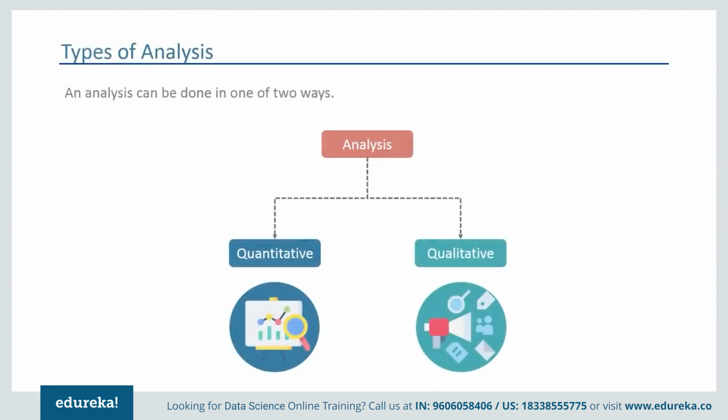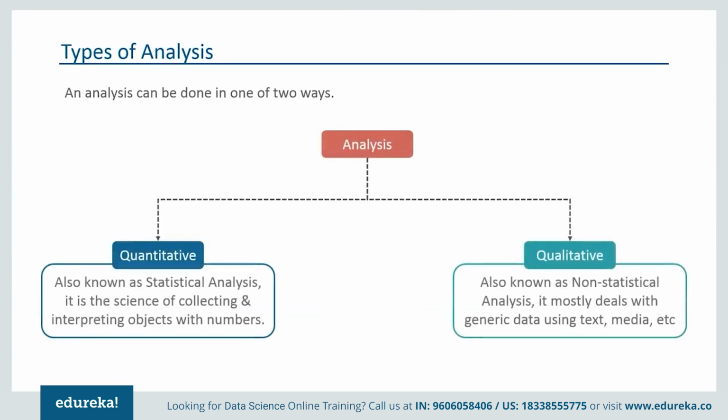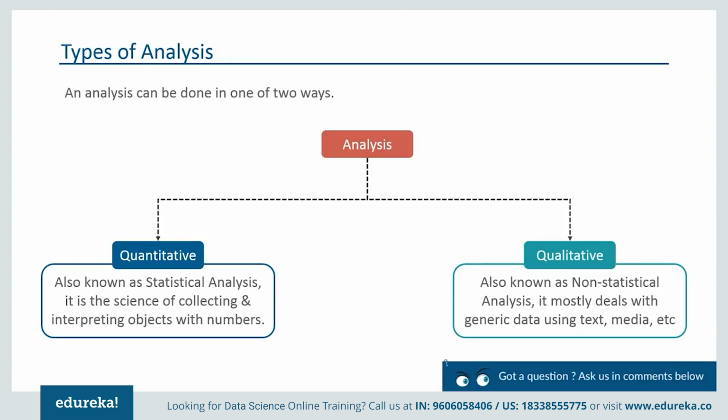An analysis of any event can be done in one of two ways, quantitative and qualitative. Quantitative analysis, or statistical analysis, is the science of collecting and interpreting data with numbers and graphs to identify patterns and trends. Qualitative or non-statistical analysis gives generic information using text, sound, or other forms of media. So, for example, if I want a coffee from a coffee house, it is available to me in small, medium, or large.